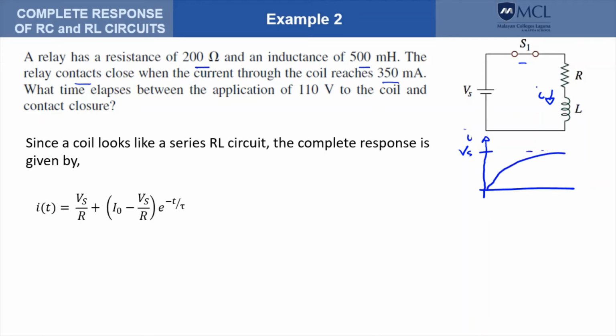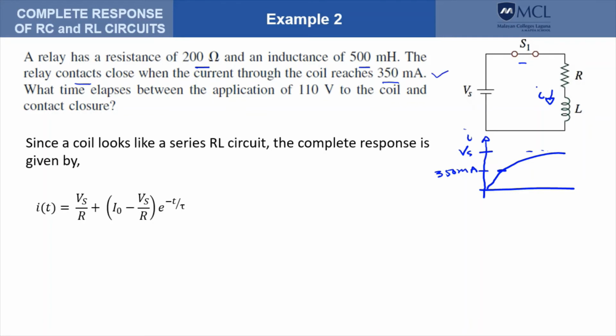Once it reaches a certain value, in this problem 350 milliamps, the magnet created in the core will be strong enough to move the contacts. So that is what is meant by this statement here.